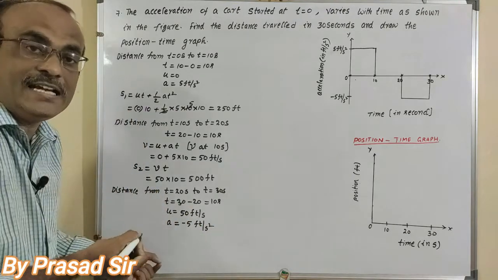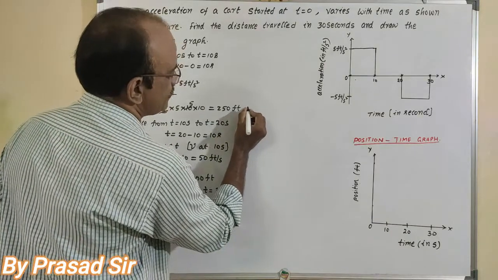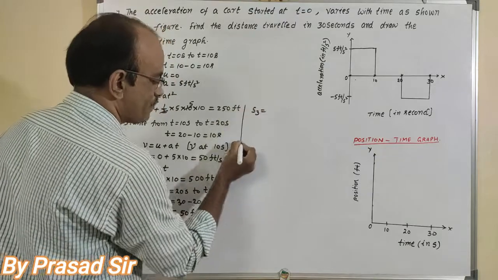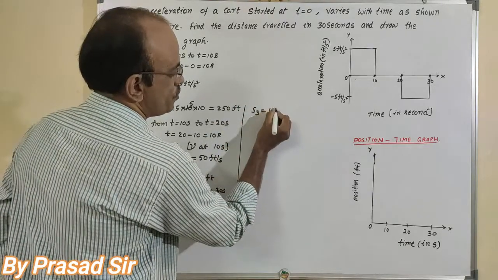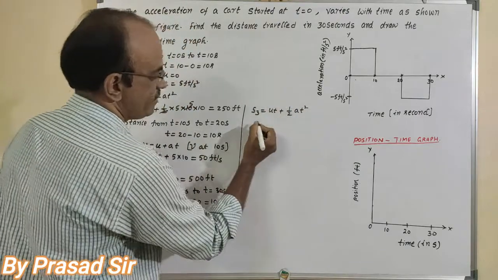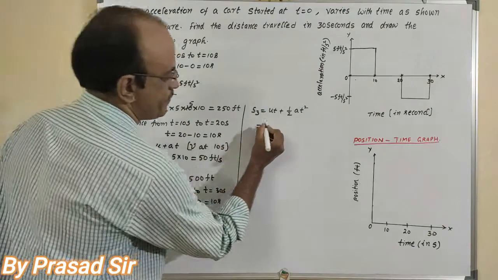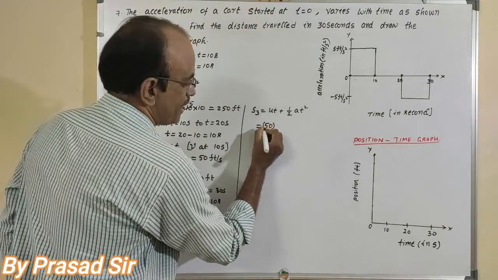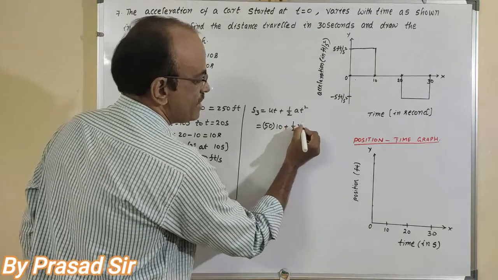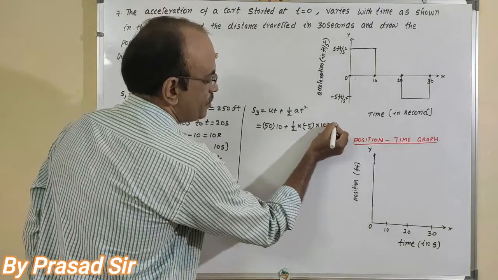Now I want to calculate the distance. How will we calculate the distance here? S3 is equal to ut plus half a t squared. Here the initial velocity u is 50, into time, again 10, plus half into acceleration minus 5 into 10 into 10.